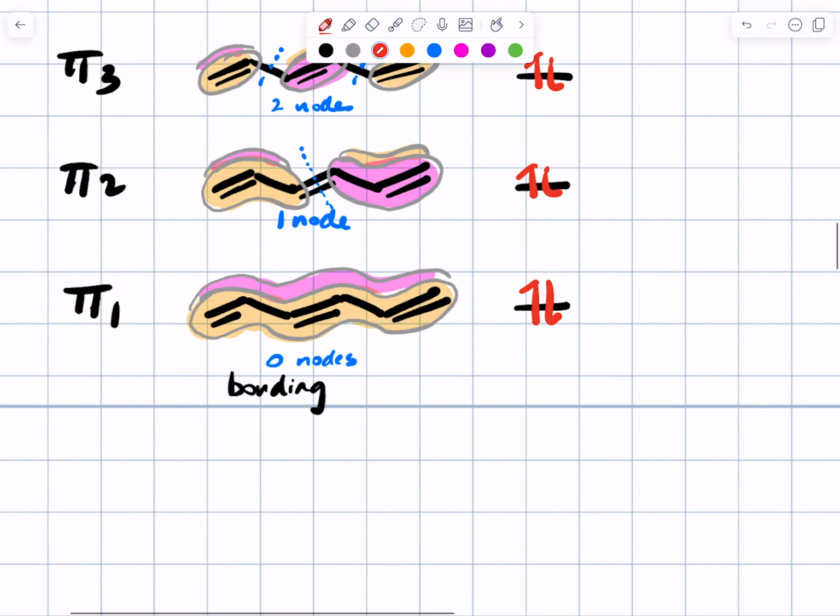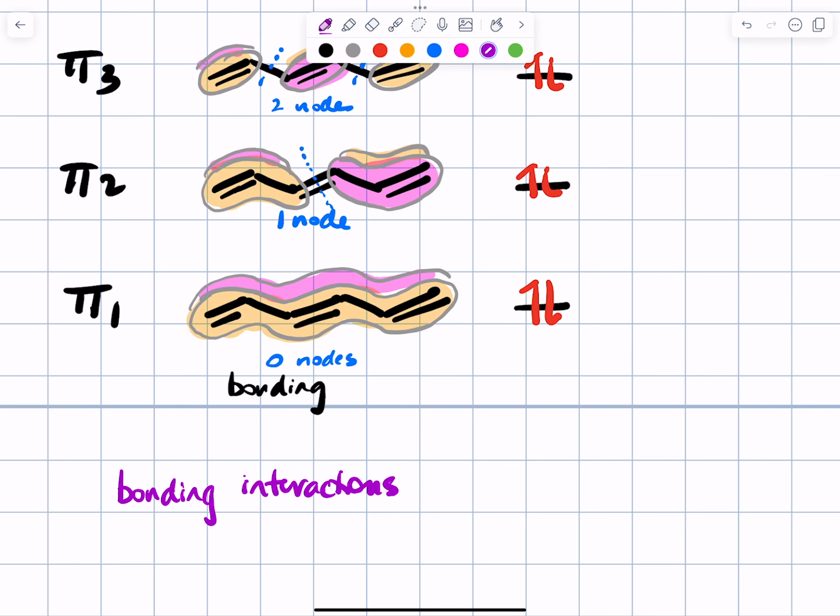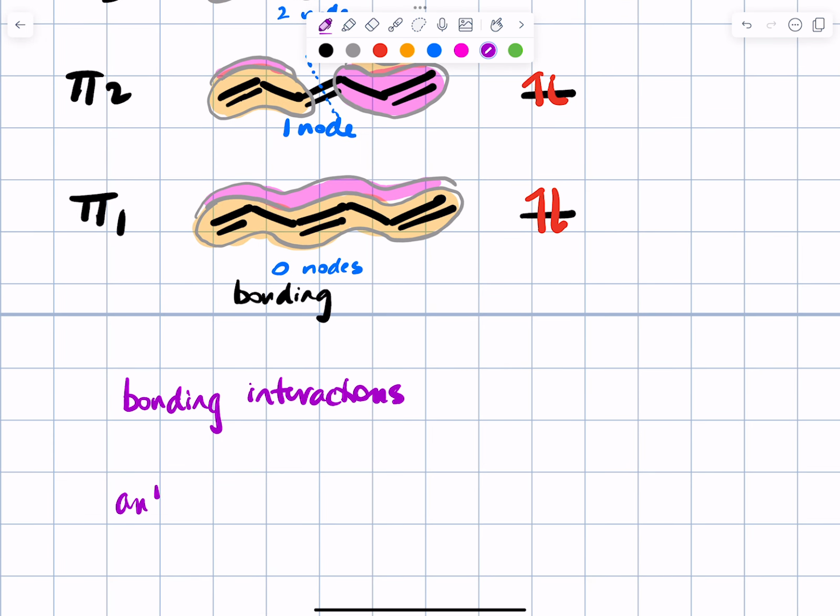We're going to talk about an individual orbital as having what I'm going to call bonding interactions versus anti-bonding interactions. These are going to be properties of these orbitals. We'll look at an orbital and say, oh, this has this many bonding interactions versus this many anti-bonding interactions.